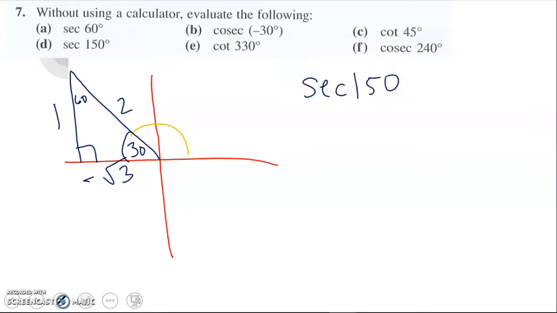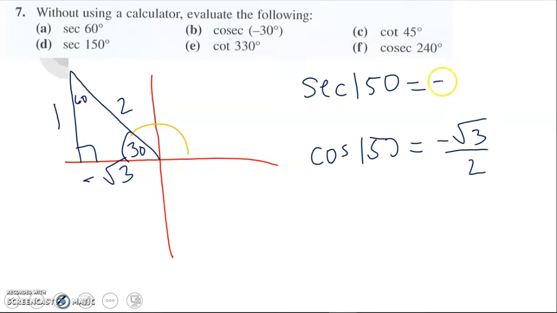Tell yourself what cosine 150 is first. And again, you can actually get this from your unit circle, but might as well do it by drawing it out too. Cosine 150 ends up being negative square root of 3 over 2, which means that secant 150 is negative 2 over square root of 3.